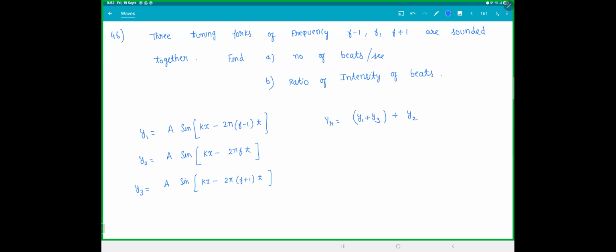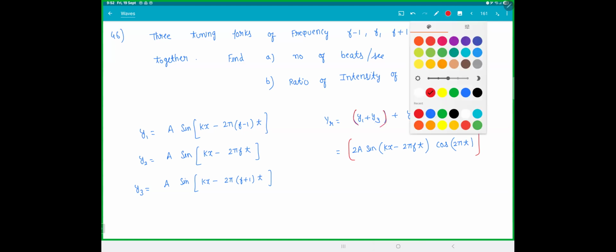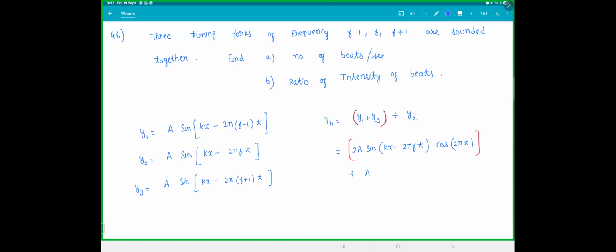What did you get? When you added y1 plus y3, you'll get 2a sin(kx minus 2πft) and then you would have got one term, cos 2πt. Plus a sin(kx minus 2πft).